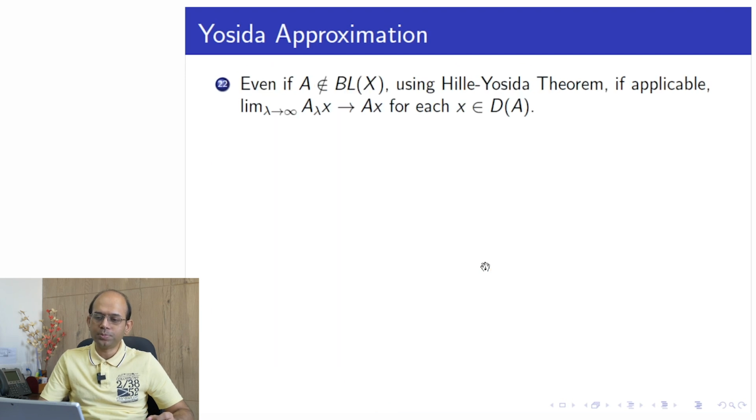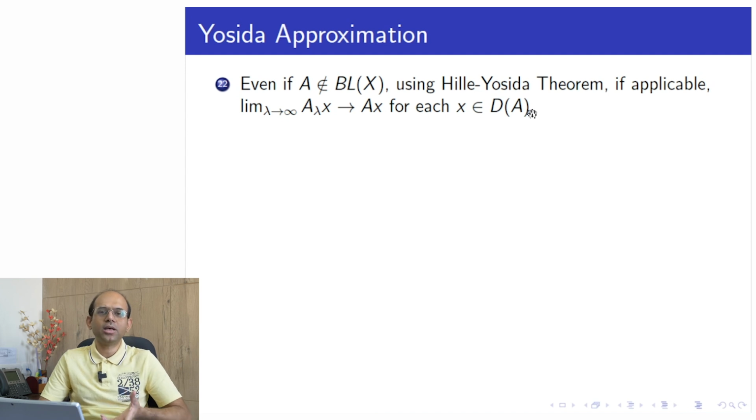So here we state that even if A is not in B(X), not a bounded linear operator on the Banach space X, using the Hille-Yosida theorem, if applicable, which requires some sufficient conditions on the operator A, then the limit as lambda tends to infinity of A lambda x equals Ax for each x in the domain of A.